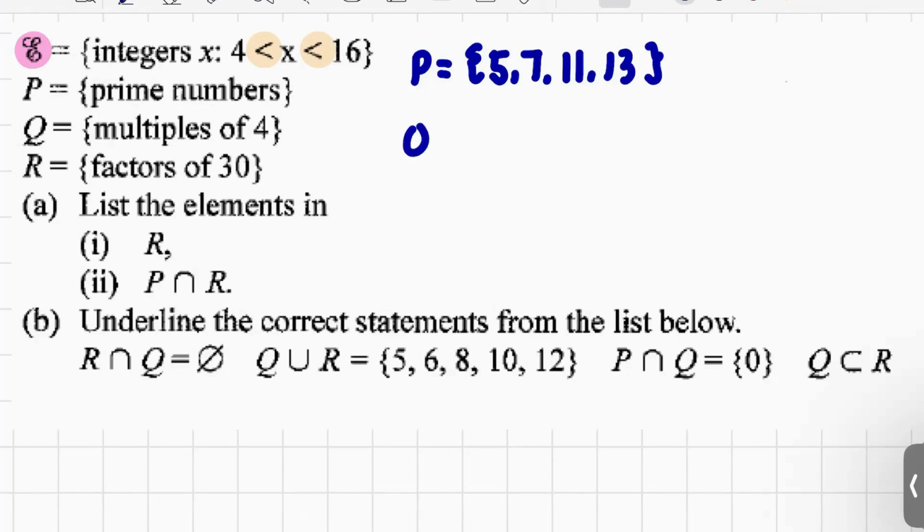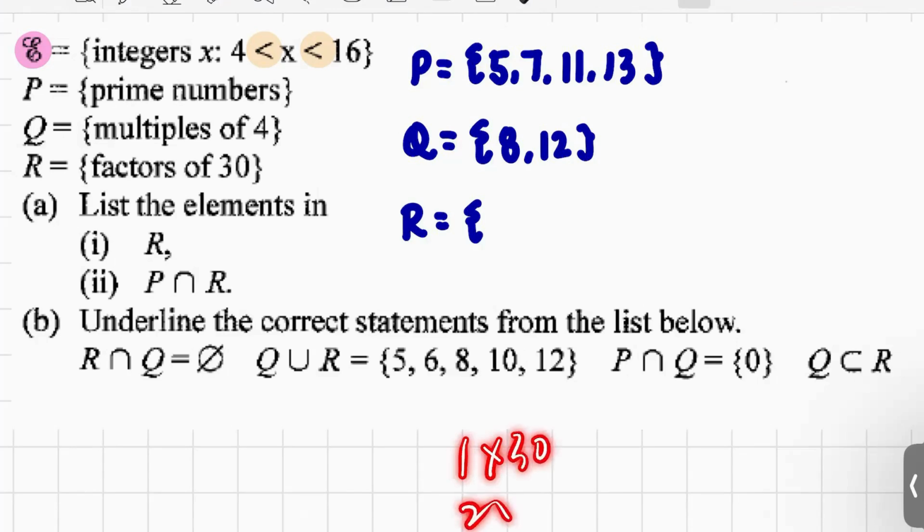For Q, Q is a multiple of 4. Common mistake, they will write down 4, but it's not inclusive of 4, as you can see. So the next multiple is 8, 12. 16 is also non-inclusive. R is factors of 30. If you are fast enough, you can straight away write down. If not, you do it the primary school way: 1 times 30, 2 times 15.